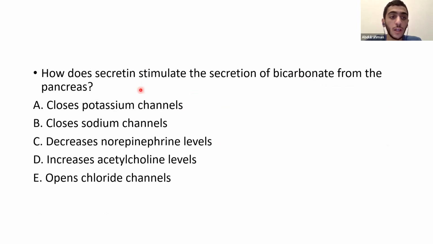Okay, the next question. How does secretin stimulate secretion of bicarbonate from the pancreas? How does secretin stimulate the secretion of bicarbonate from the pancreas?